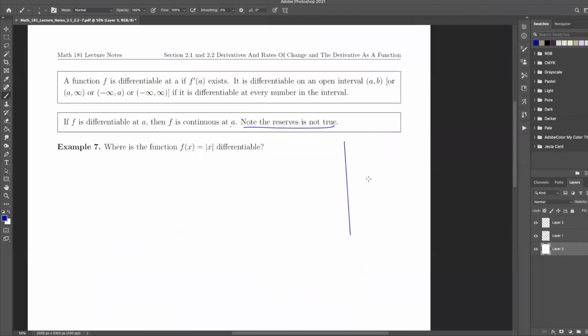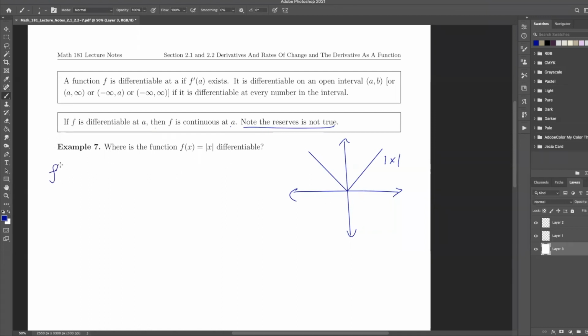All right, so here, let's look at the graph of this thing. Here's the graph of the absolute value of x. Okay, so where is this function differentiable? Let's actually take the limit.